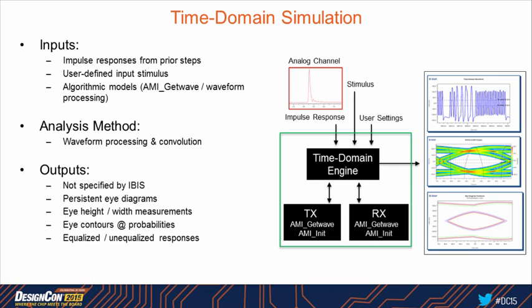In other words, we still have the same fundamental goal of predicting how the network behaves, and we want to see eye diagrams and all the other same things, the eye height and eye width measurements at particular probability levels. But now, because we've done a more detailed analysis and we're looking at the network's behavior on a bit-by-bit basis, there may be additional information available.